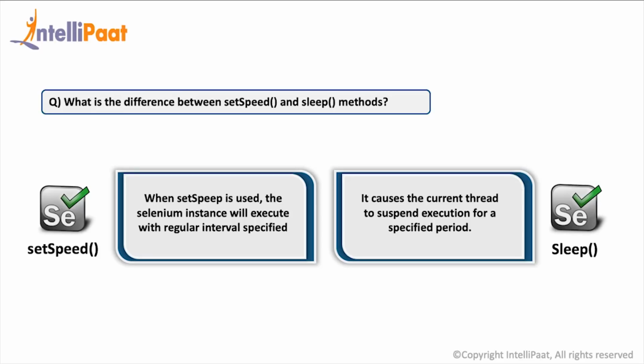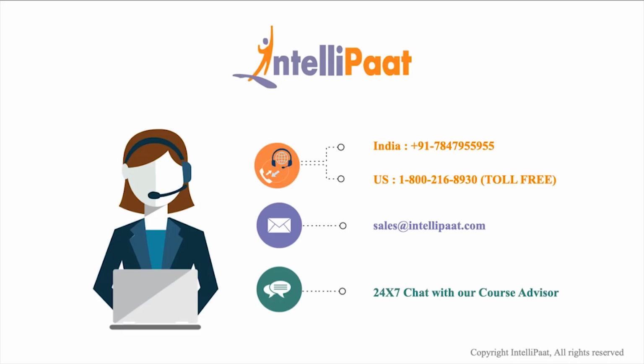For example, if you're doing a Selenium web test and the web page takes around 3 seconds to load, and you don't want testing to happen just after each line, you can specify a sleep method of around 3 seconds, where it waits for 3 seconds for the website to load, and only then it will start executing the tests which follow that particular line. All right. So this is the difference between set speed and sleep.